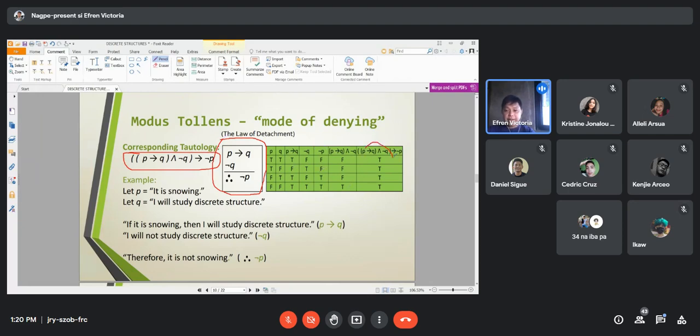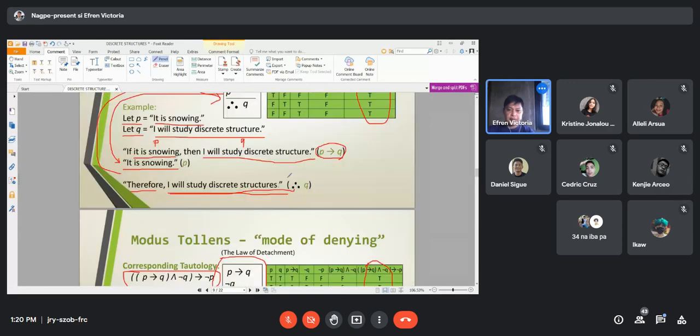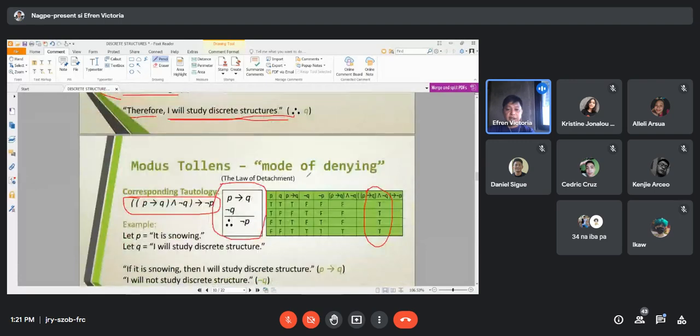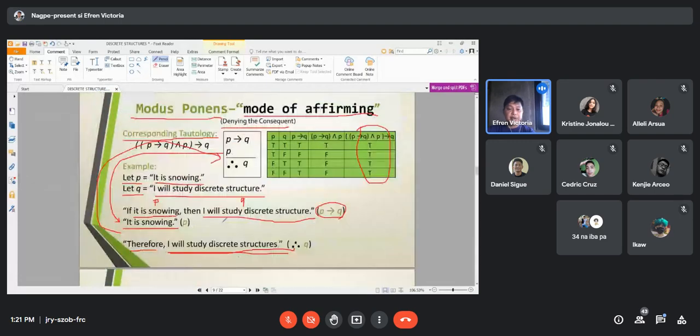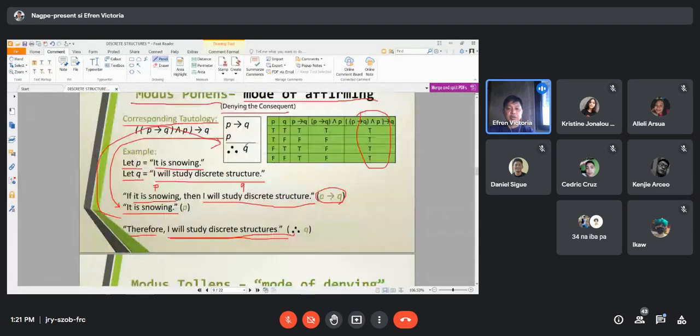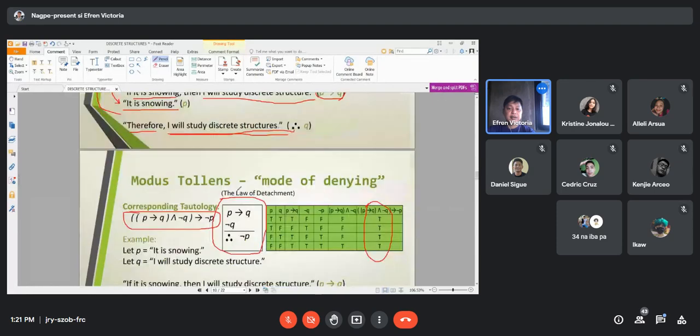Kung mapapansin natin, yung lumabas is tautology. Okay? So kung makikita natin, iba yung form niya sa modus ponens. Dito, mode of denying. Naka-not yung Q, then not yung P. So nagkaroon ng inverse.